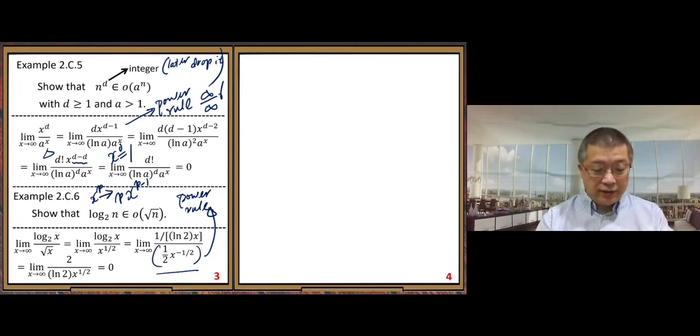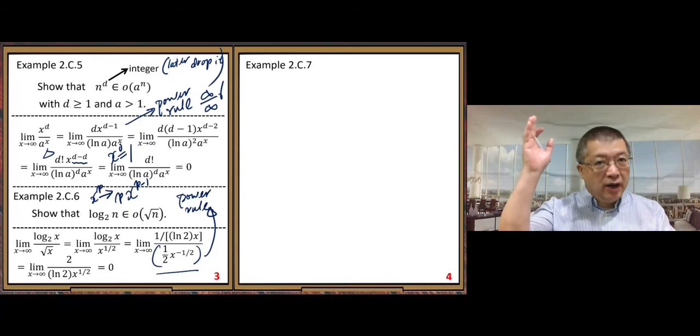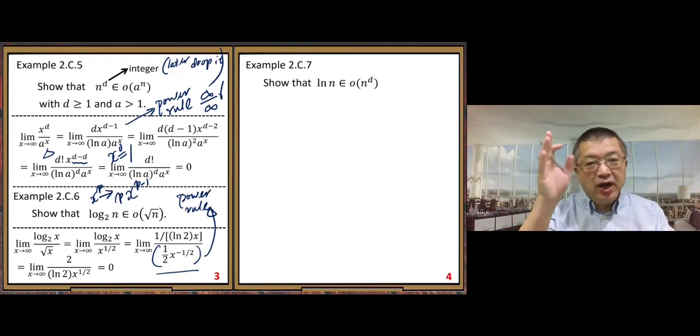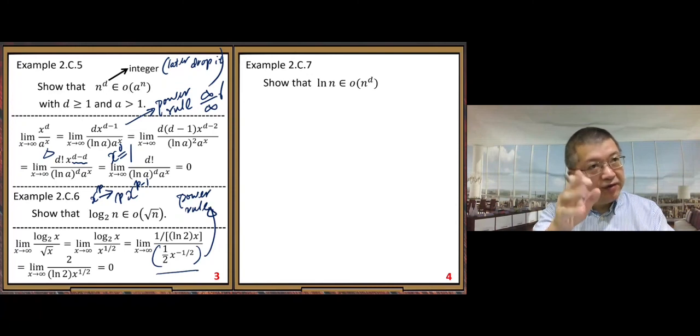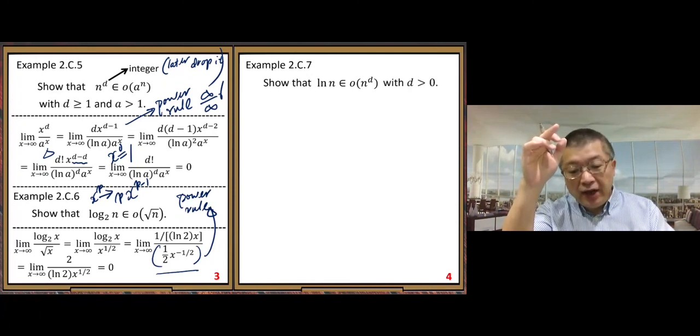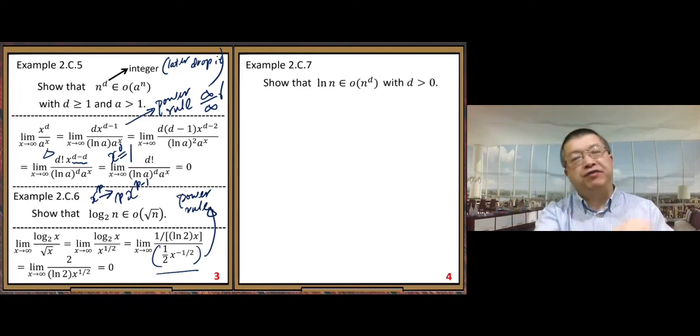Okay. All right. Next one. Example number 7, and this time show that natural log of n belongs to little o of n to the d power, where d only requires a positive number, any positive number.